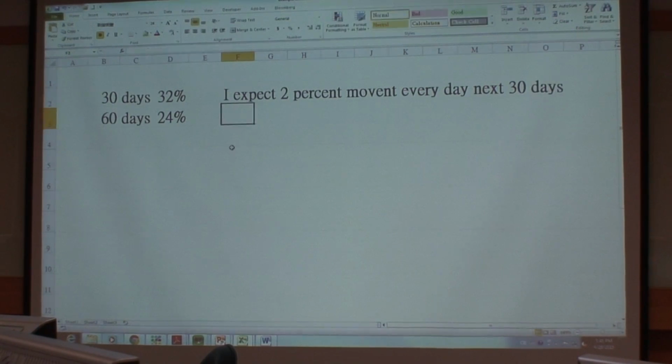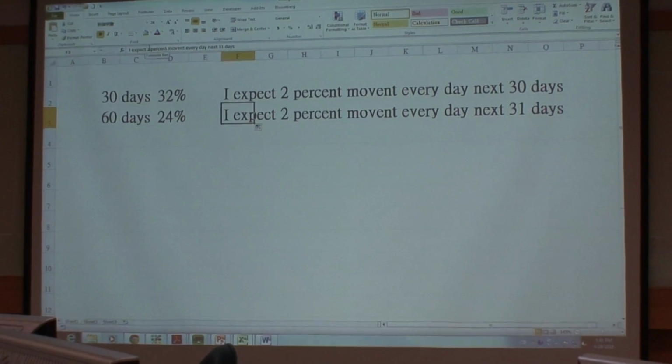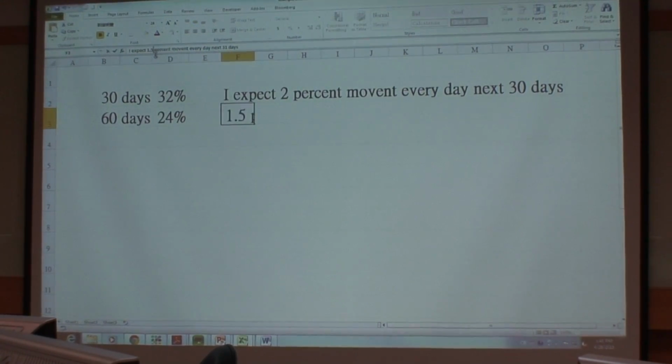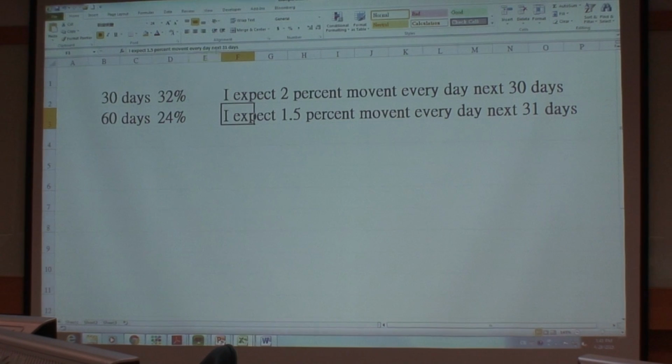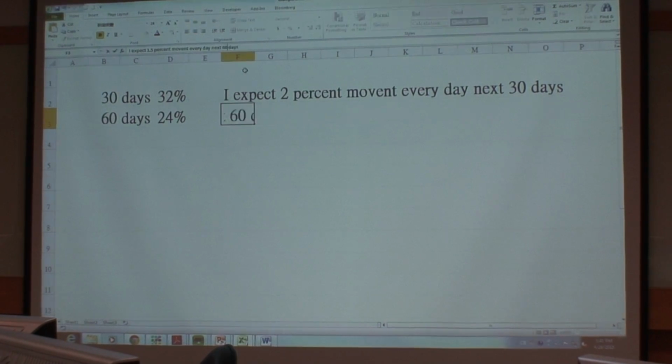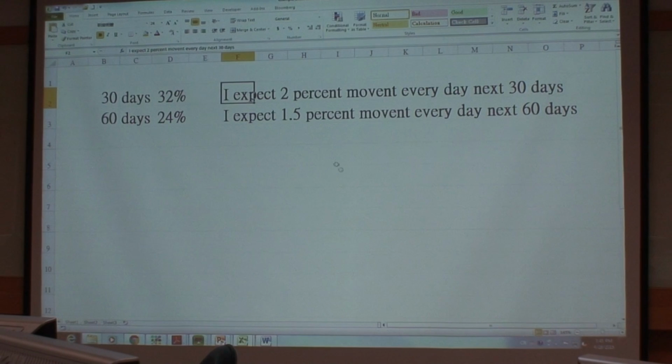And 60 days at vol 24 actually means I expect 1.5% movement every day for the next 60 days. So you can already see there is an expectation in here. I know the movement for the first 30 days. I know the movement for the first 60 days.